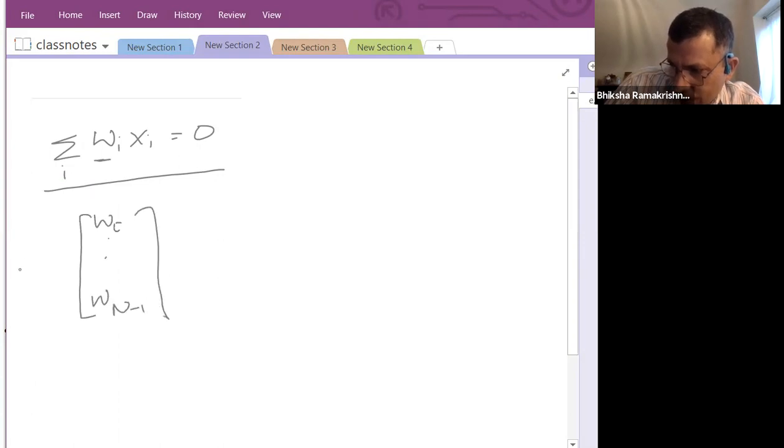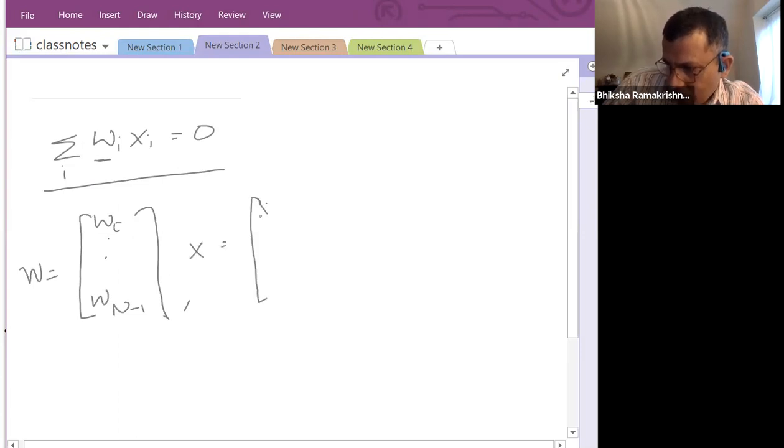Let me call this w. I can take all of these x's and also write them into a vector, x_0 to x_{n-1}. And so this equation is the same as saying w transpose x equals 0.